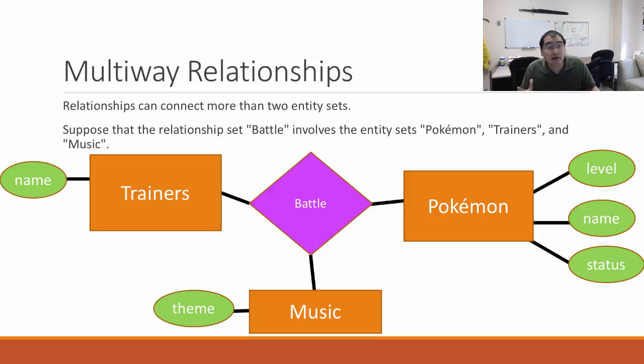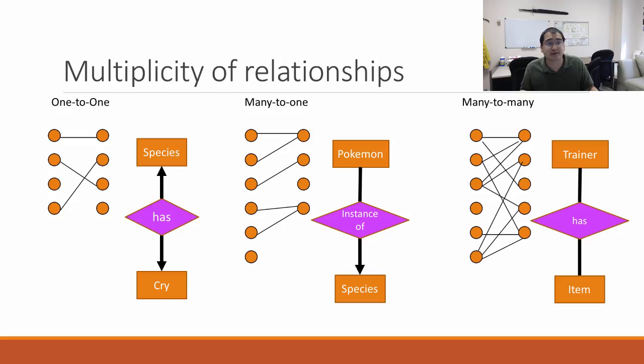Okay, the other important thing to talk about with relationships is their multiplicity. This has to do with, for each entity, how many relations can it be involved in? The simplest example is that of the one-to-one relationship. So in this example, each species has at most one cry, and each cry, this is the noise the species makes, has at most one species.